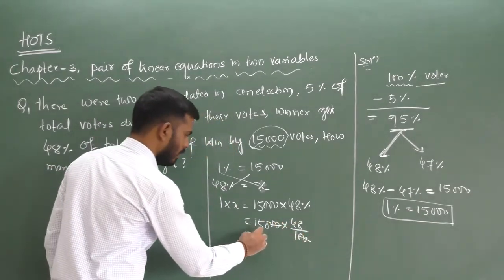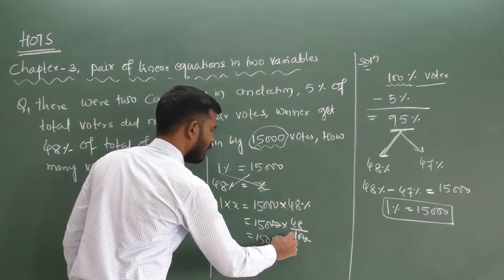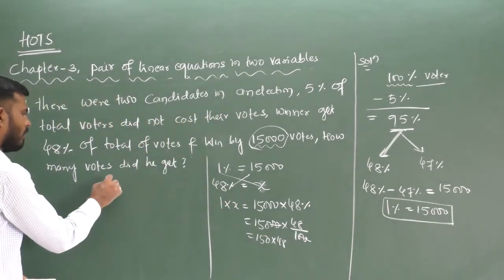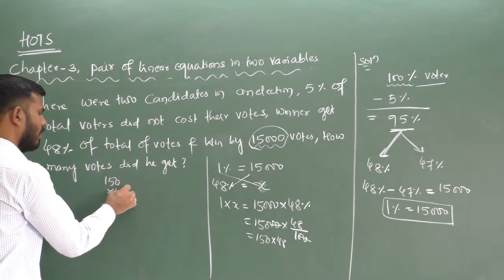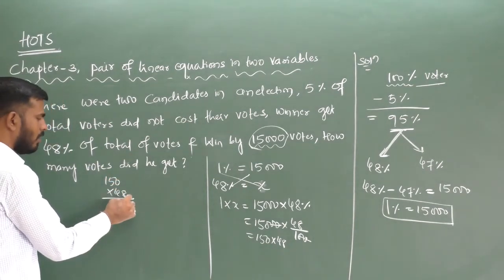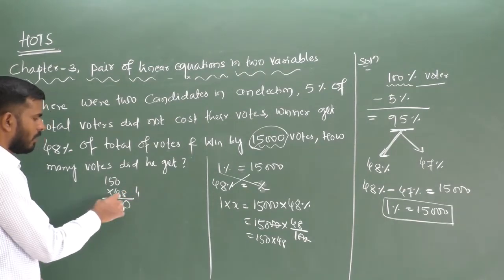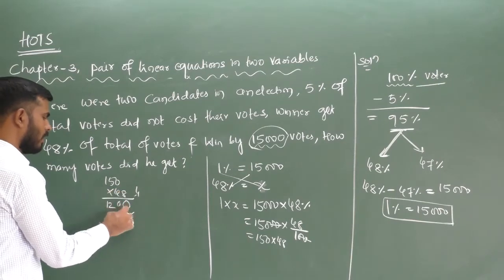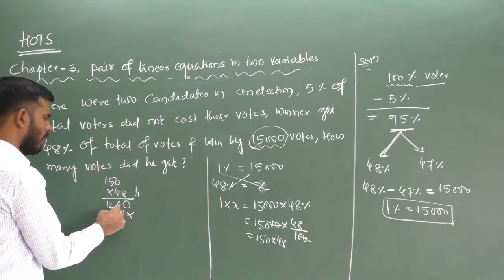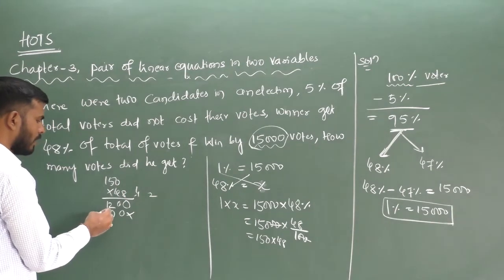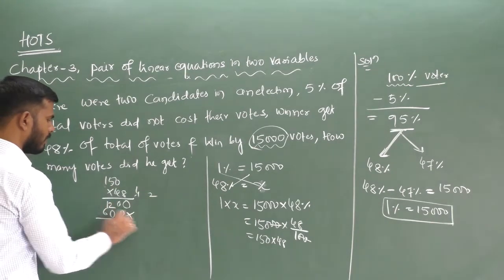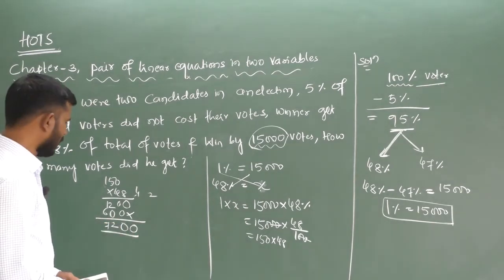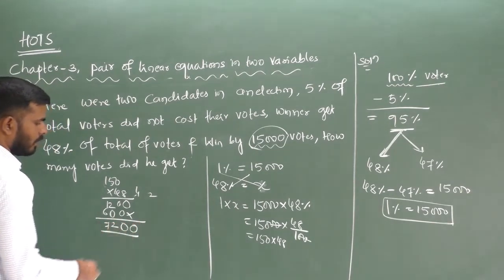The two zeros get cancelled, so 150 into 48. Multiply: 8 zeros are 0, 8 fives are 40, carry 4. 8 ones are 8 plus 4 is 12. Next, 4 zeros are 0, 4 fives are 20, carry 2, 4 ones are 4 plus 2 is 6. So the total is 7200.